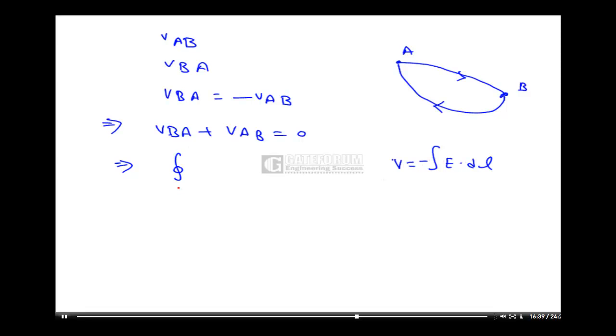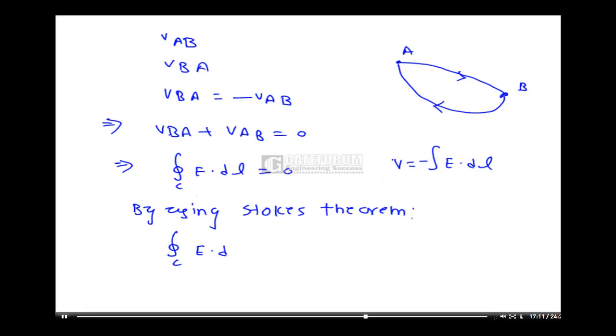Therefore, the closed line integral of E dot dl is equal to 0, over a closed contour C. But we know that by using Stokes theorem, I can convert the closed line integral to an open surface integral. So the integration over the closed line of E dot dl is equal to the integration over S of del cross E dot ds.